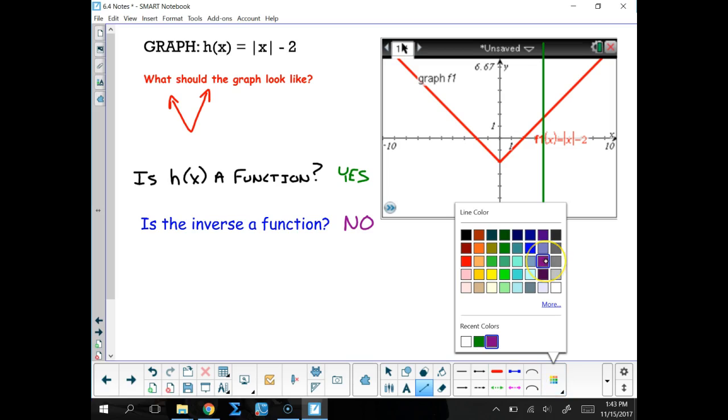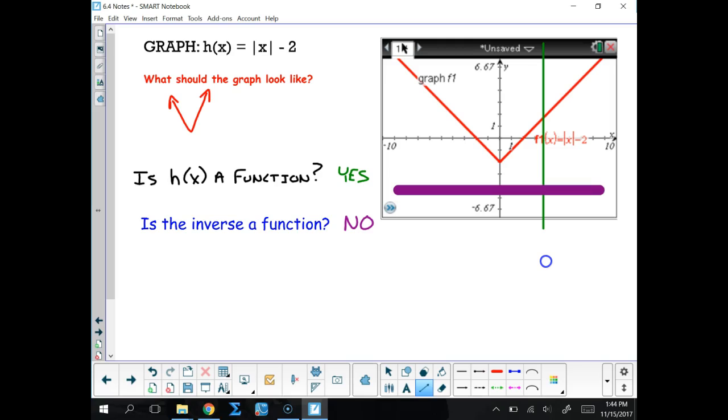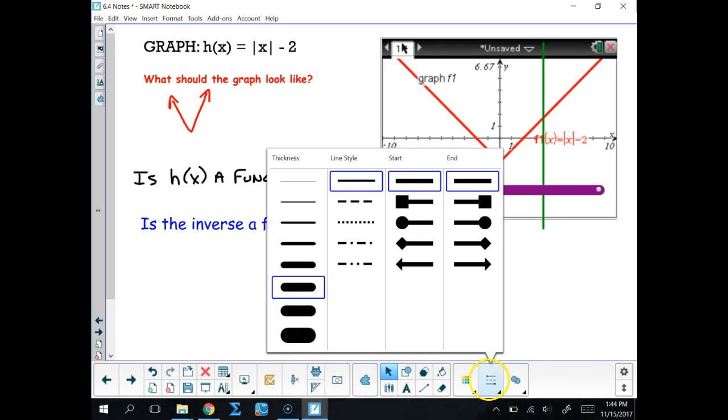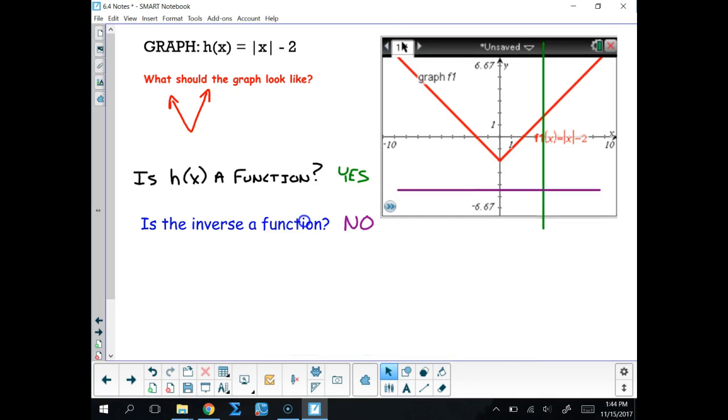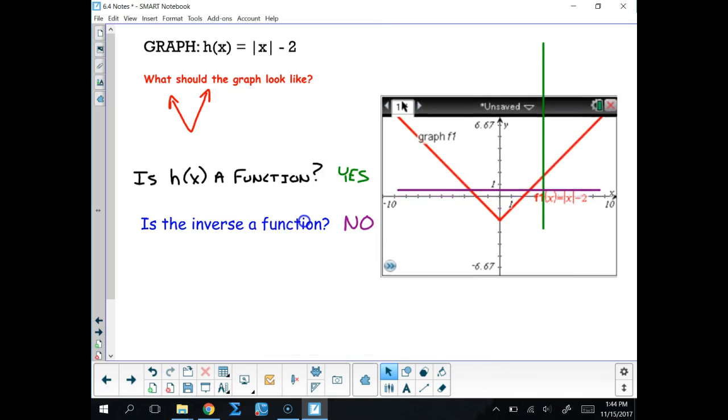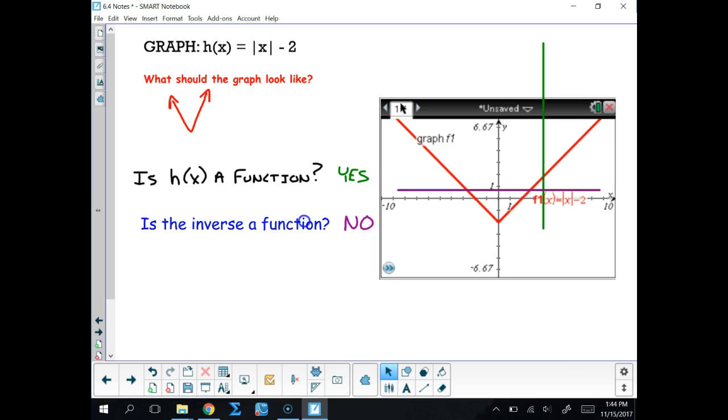The inverse of h is not a function because, let's move it down like that, there it touches in two spots. On your line test, it can only touch in one spot.